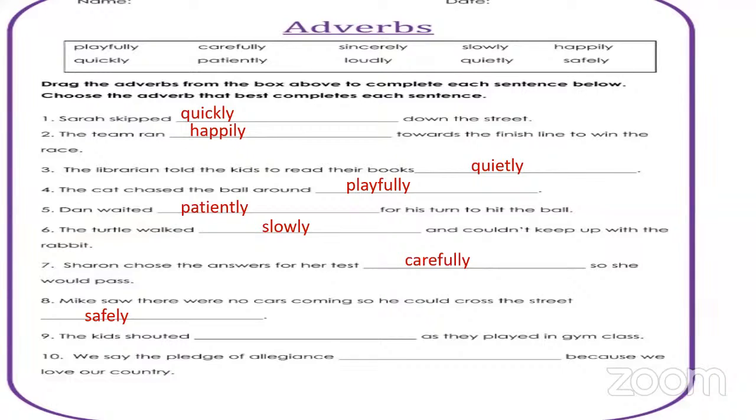Safely cross the road. How? Safely. Mike saw there were no cars coming, so he could cross the road safely. Number 9. The kids shouted loudly as they played in gym class.